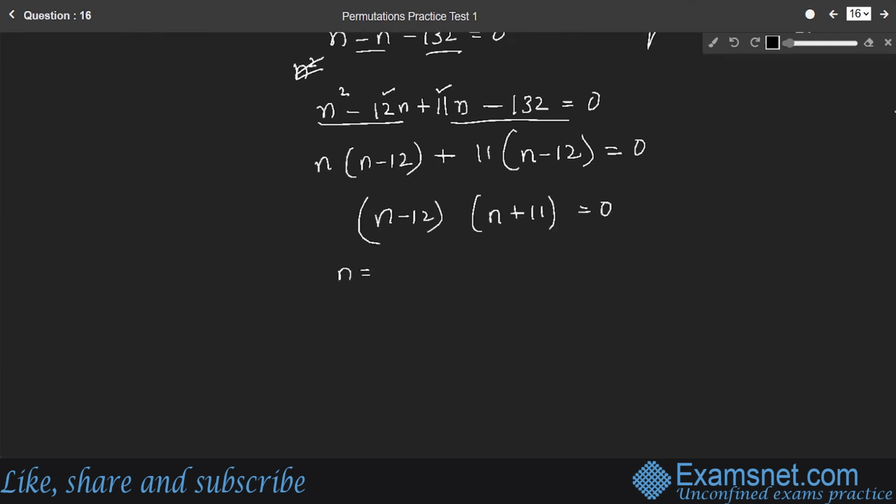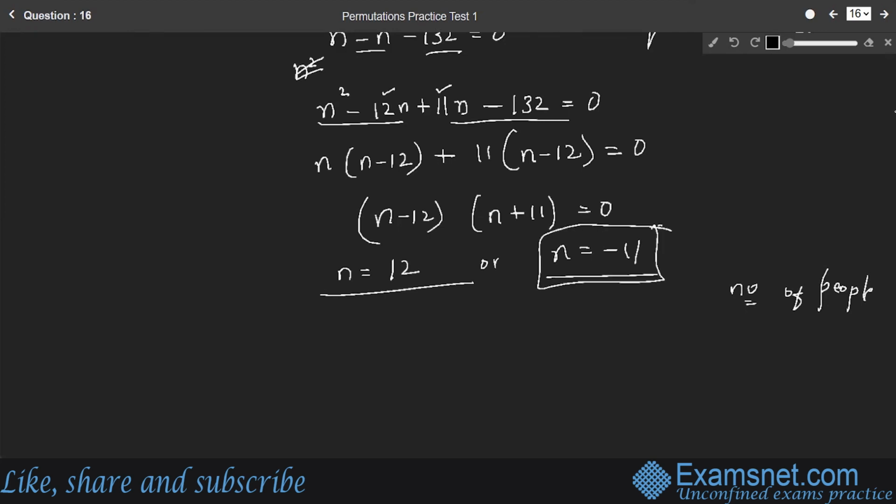So we have two values for n. n is equal to 12 or n is equal to minus 11. What is n? n is nothing but the number of people in that room. The number of people cannot be negative, so that is not possible.